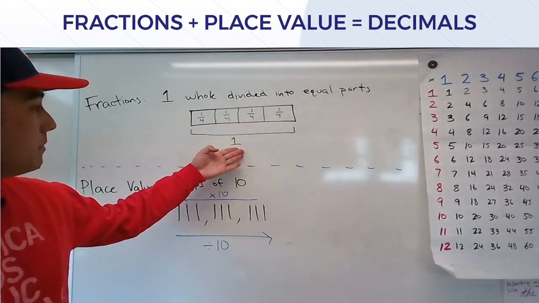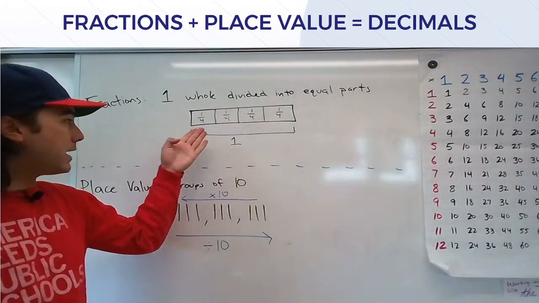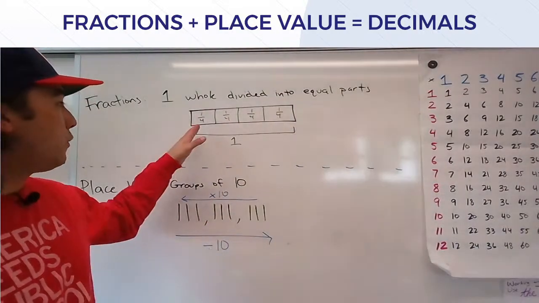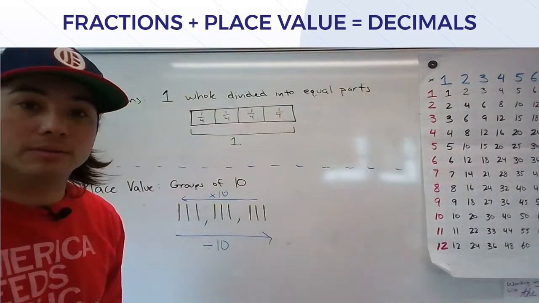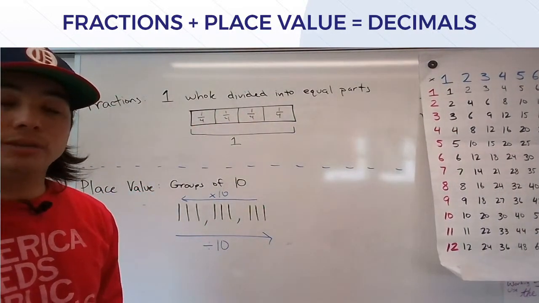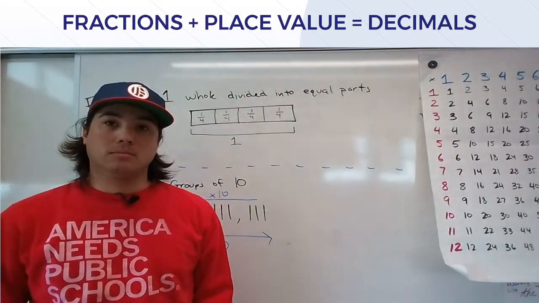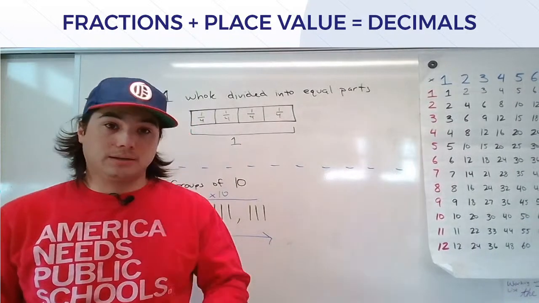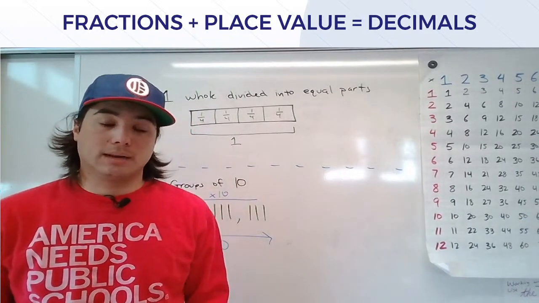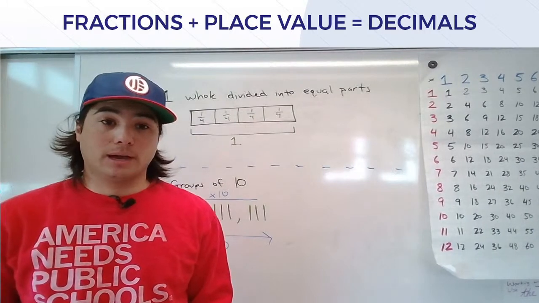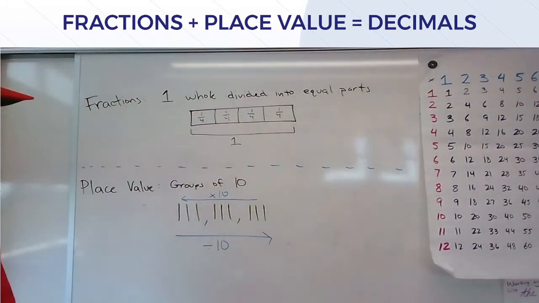So you've got, in this case, 1 divided into 4 fourths. Each of these fourths has the same value. It's like making change for $1 with 4 quarters. You're not going to get a quarter and a 50-cent piece and 2 dimes because that doesn't even equal 1, and they're not even. So they've got to be equal parts, equal divisions.